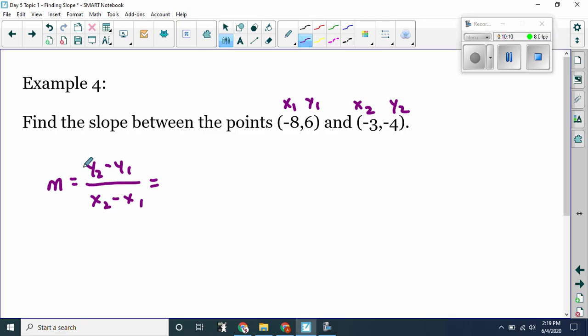Y sub 2 is equal to negative 4. Y sub 1, the y value of my first point, is 6.